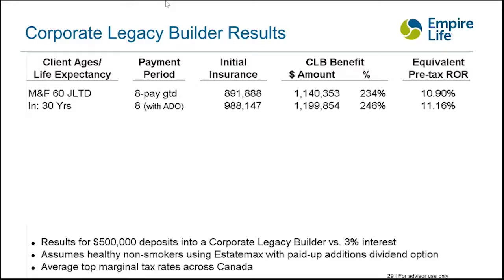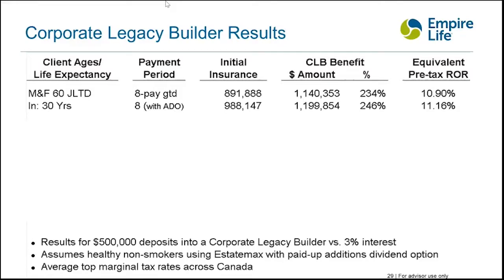The initial face amount increased by about $96,000. The benefit in 30 years from using the corporate legacy builder strategy over the alternative increased by almost $60,000, or an additional 12% improvement over the alternative investment. And the pre-tax equivalent rate of return increased, in this case by 26 basis points.